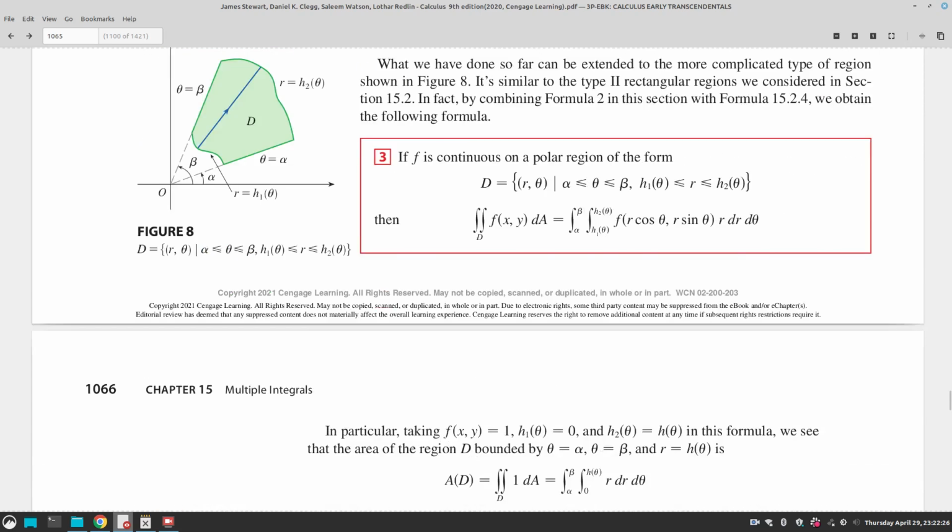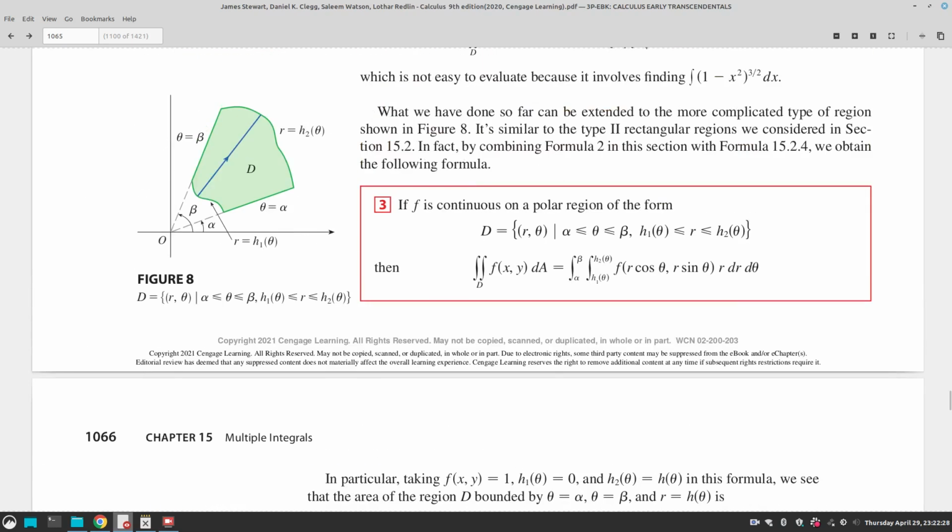Okay, so even in polar coordinates, you could define type 1 and type 2 regions. So look at definition 3. A type 1 region is when r is bounded by two functions of theta, and theta is bounded by two constant numbers, right?